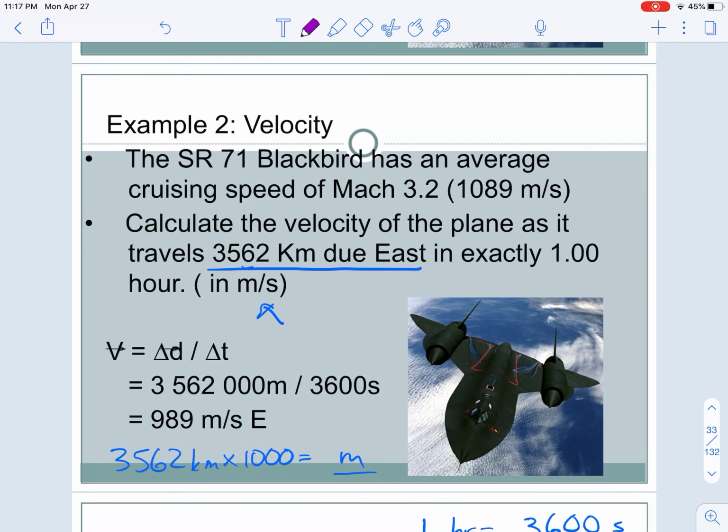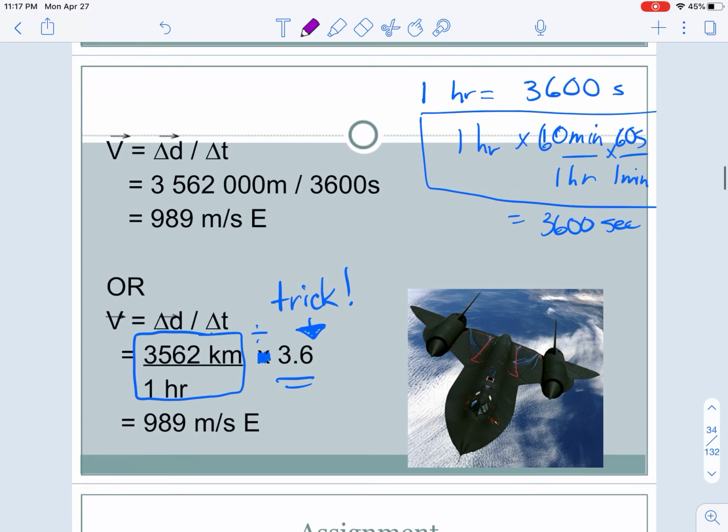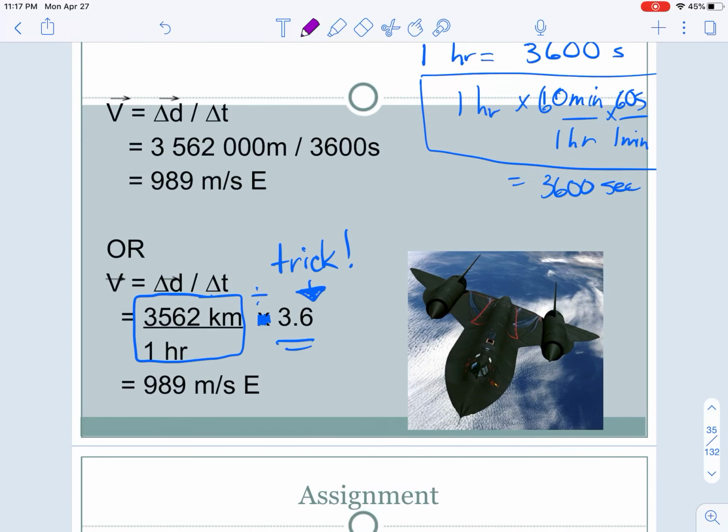With the Blackbird question, this one's kind of a tricky one. I worked it all out in meters per second because it asked for it. But the trick is that if you're just going to do it in kilometers per hour, 3,562 kilometers in 1 hour, you can skip all the work and say 3,562 kilometers per hour.